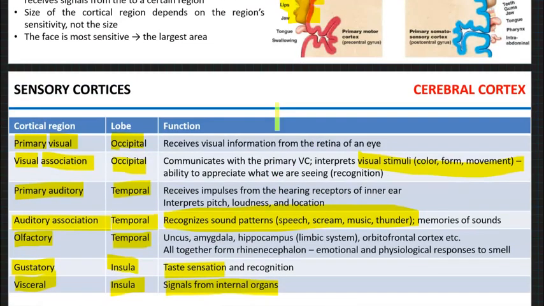If you look at what we've talked about so far, somatosensory, visual, and auditory cortices, each of them is divided into primary and association parts. Okay? So let me ask you this question. If I blindfold you and ask you to recognize, say, your kids by touching their face, would you be able to do that?